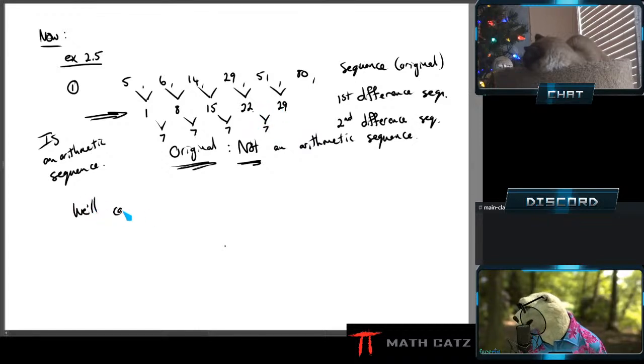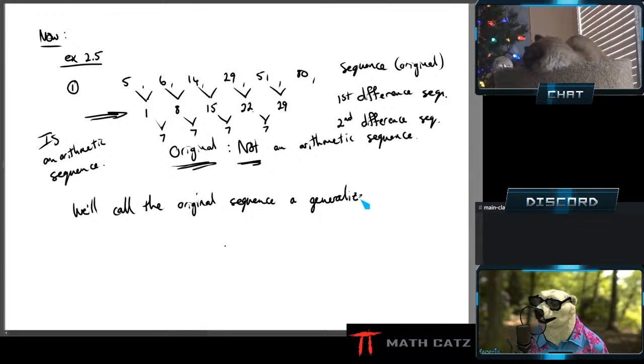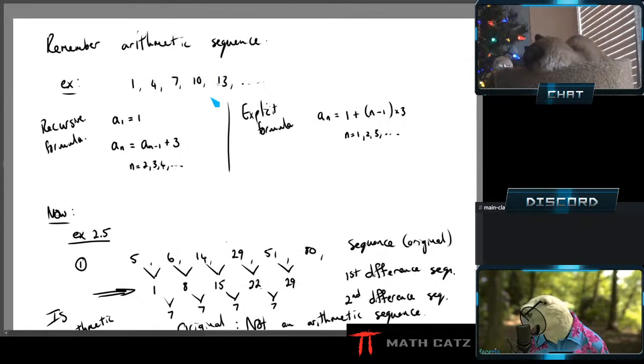We'll call the original sequence a generalized arithmetic sequence. It's part of a bigger family. There is the very specific and convenient arithmetic sequence in general, like this top one.